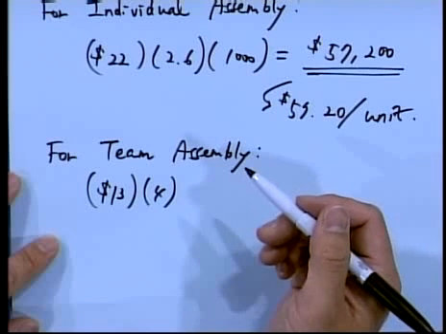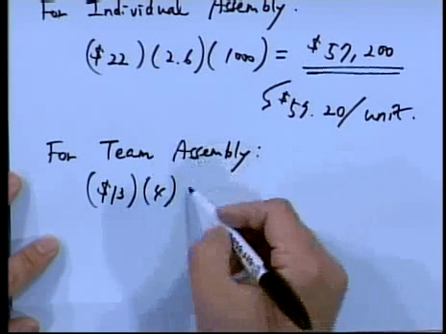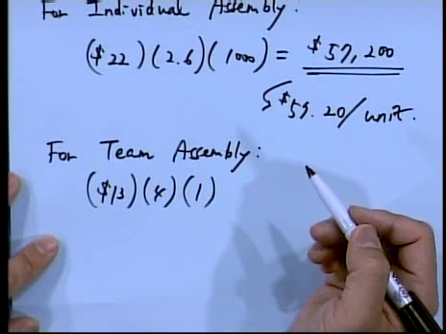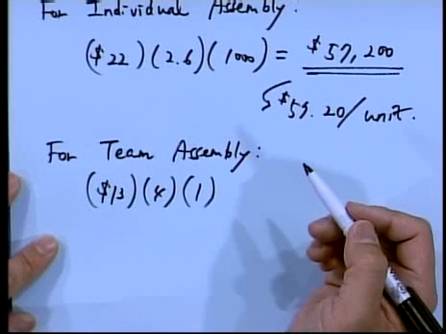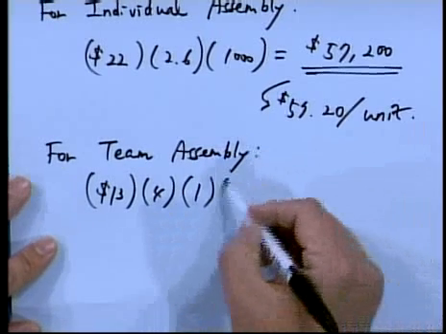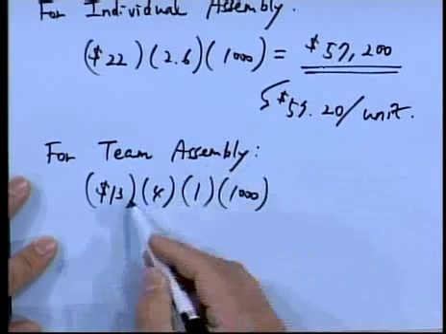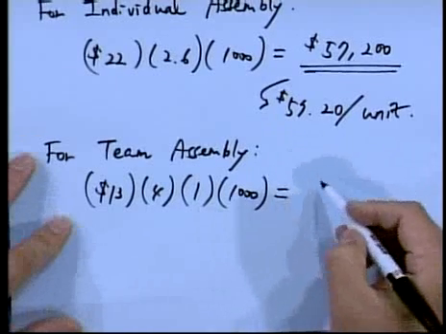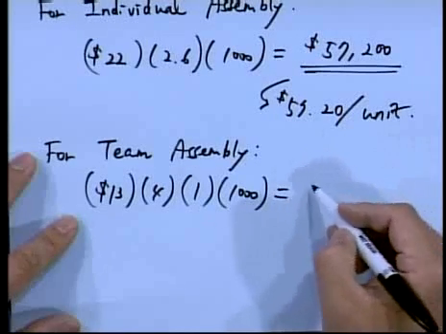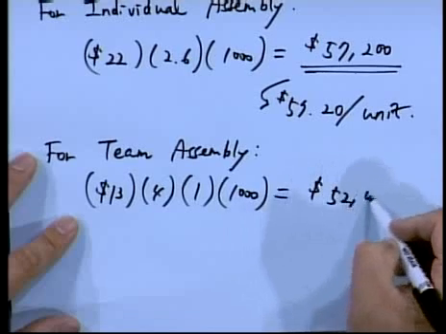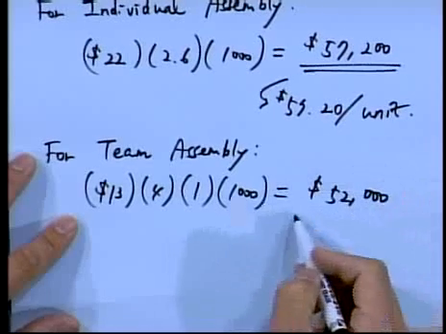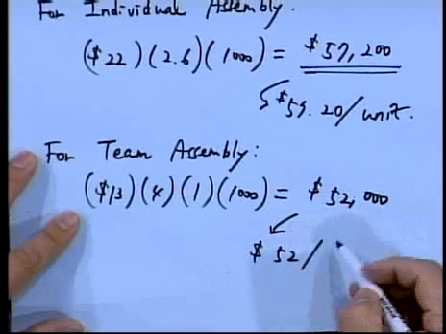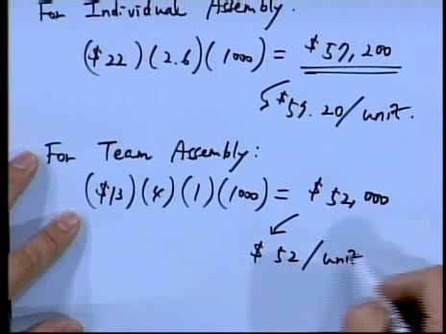And the four-man team spent 1 hour, so you need to multiply by 1 hour to assemble 1 unit. And the firm, again, has the contract to assemble 1,000 units. So you need to multiply all these 4 numbers, which will give you $52,000, which means that $52 per unit. Okay?